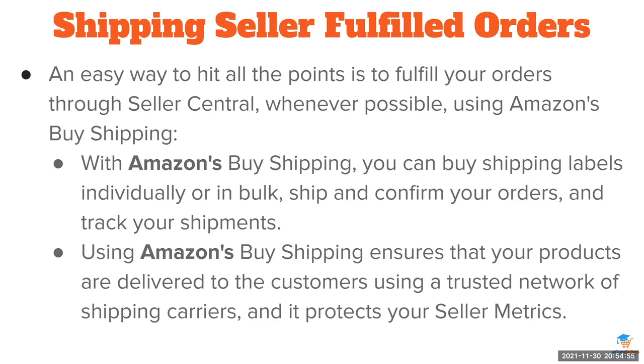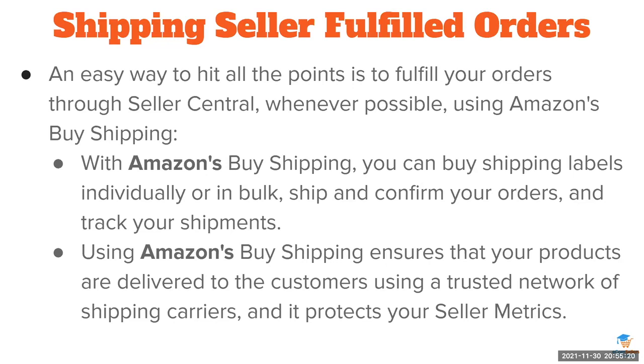Oh my God. So an easy way to hit all the points is to fulfill your orders through Seller Central. And whenever possible, buy your shipping through Amazon. If you decide you're going to buy your shipping through Amazon, you buy your label, or individually it says buy shipping. You can do that.